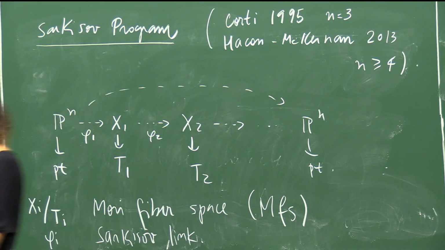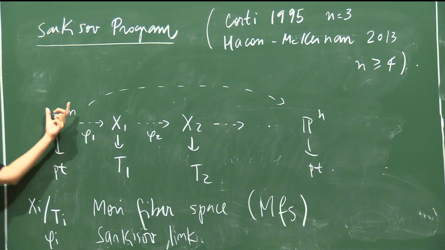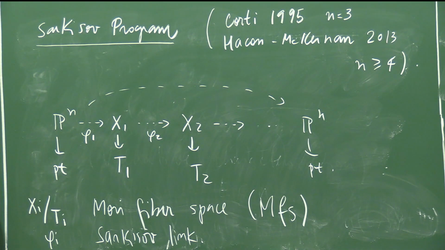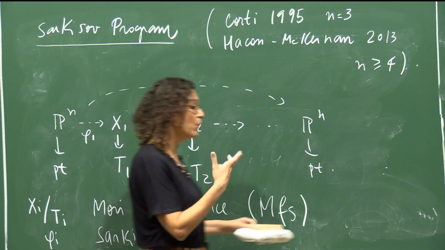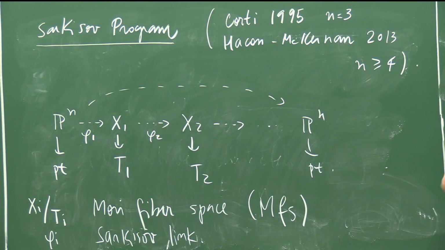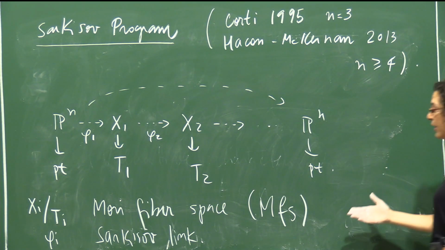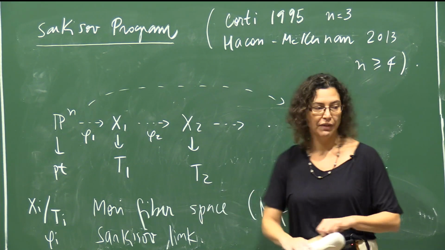More generally, the Sarkisov program, here I stated it for Pn, but it works for any Mori fiber space. It says that any birational map between Mori fiber spaces can be written as a composition of Sarkisov links.